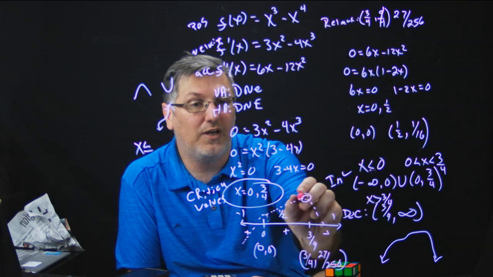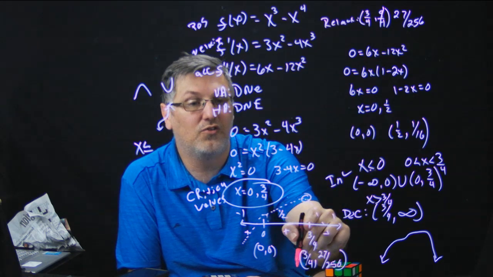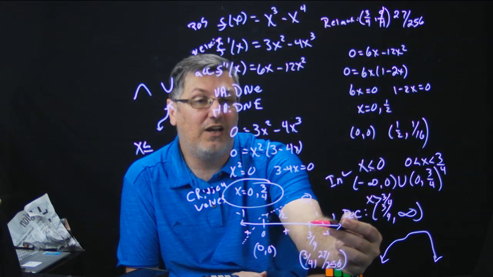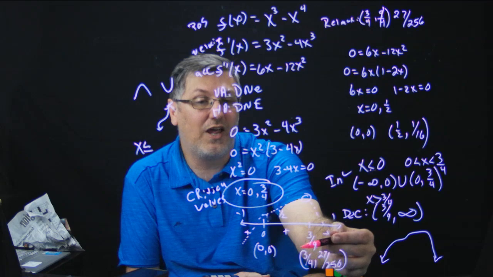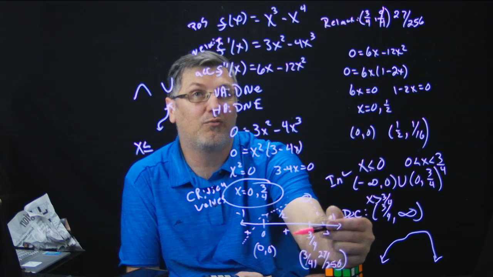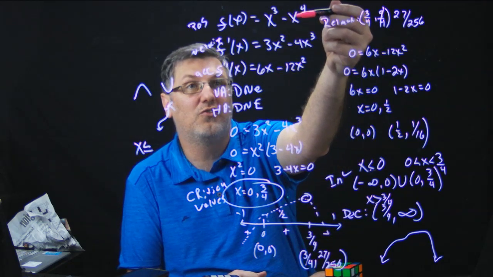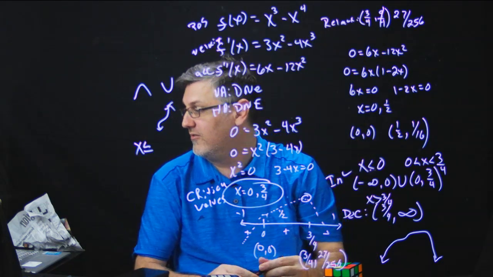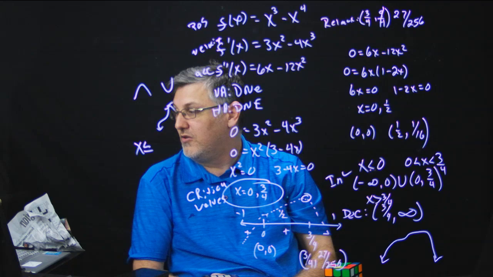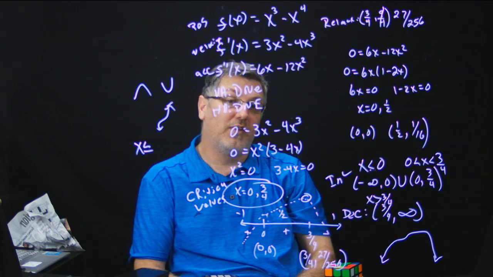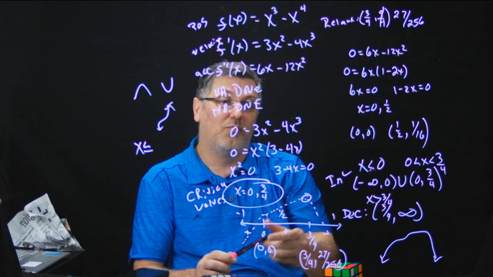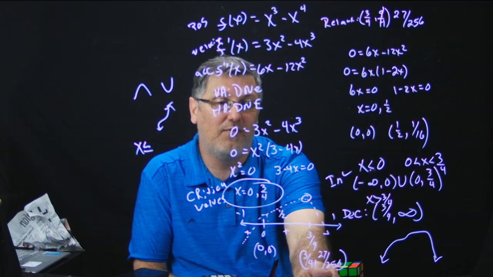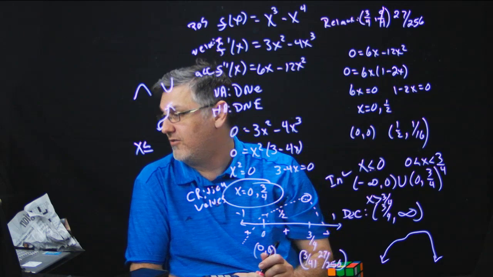But it has a maximum. If you look, it's going from increasing to decreasing at 3/4. So the point where it changes from increasing to decreasing is at that critical value 3/4. We take that 3/4, put it back in our position function, and we get the y value of 27 over 256. So there is no minimum, but there is a maximum, and the maximum occurs at the x value 3/4, the y value of 27 over 256.